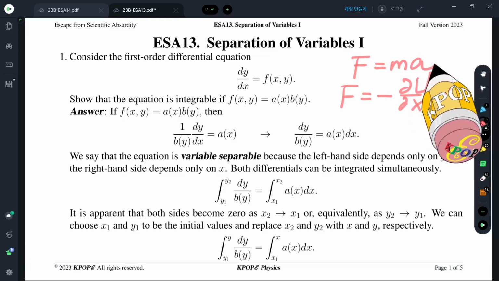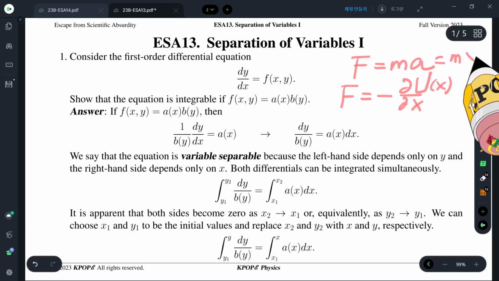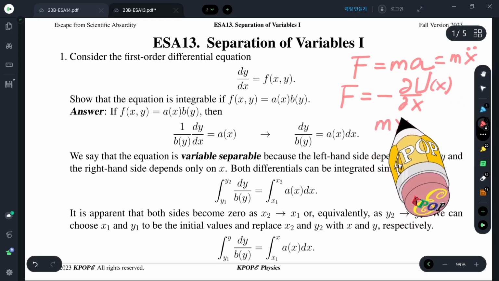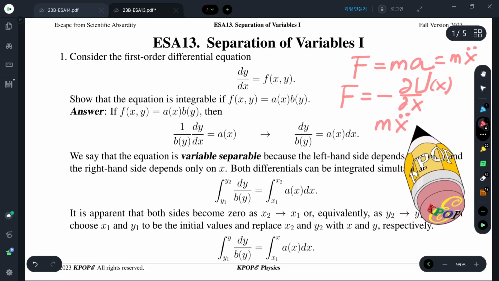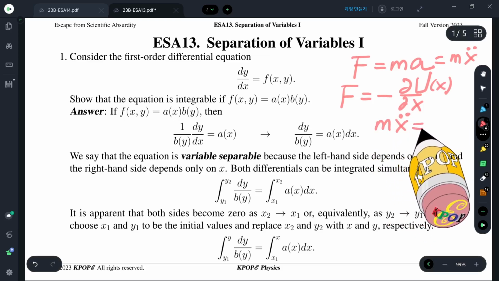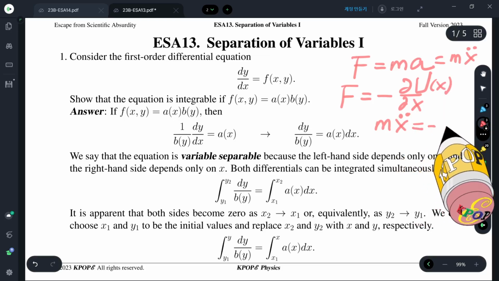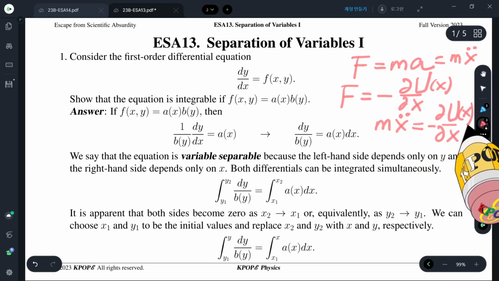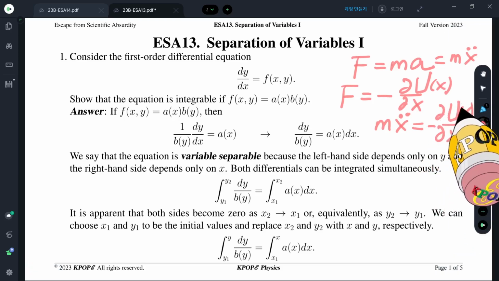And acceleration is the second order time derivative. So the equation of motion is a second order derivative of displacement, and potential energy is a function of x.